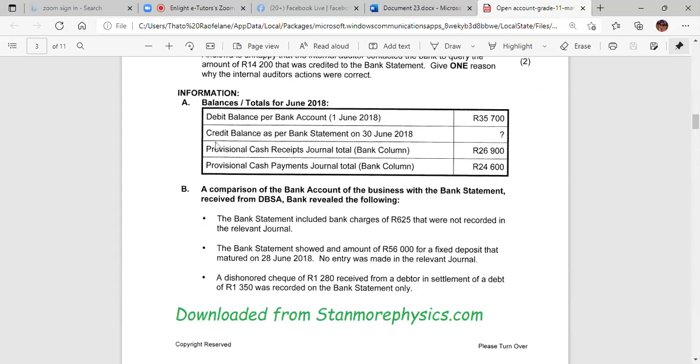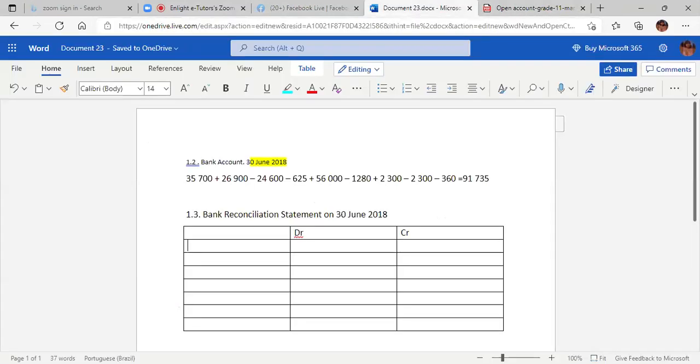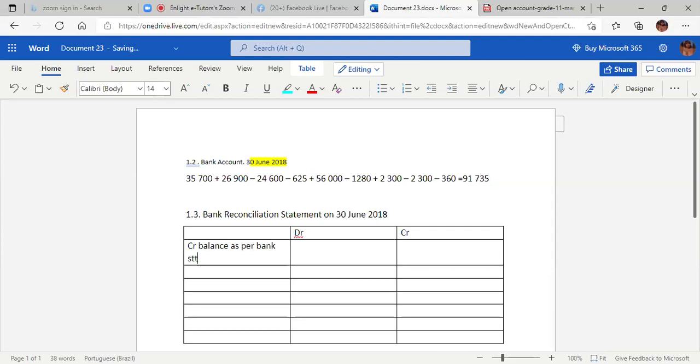Here they say credit balance as per bank statement, and it's unknown. When it's a credit balance, it's favorable. A credit bank statement balance is favorable. Every time you have a credit, it's good. With the bank statement, a credit balance is favorable. So let's write that: credit balance as per bank statement.